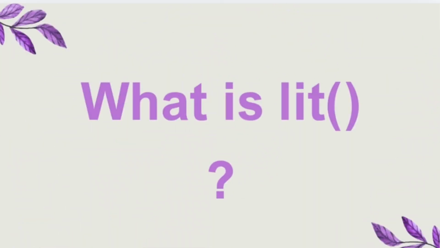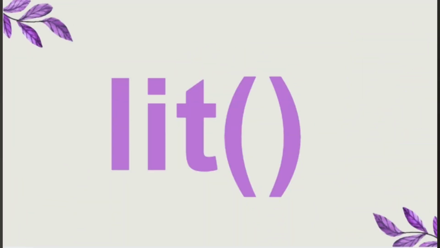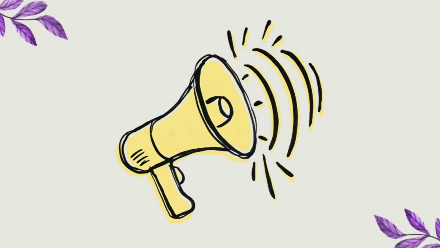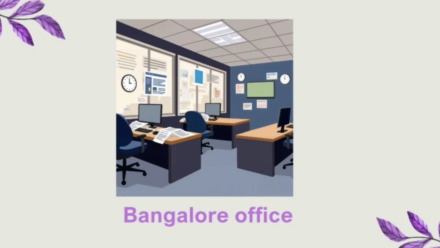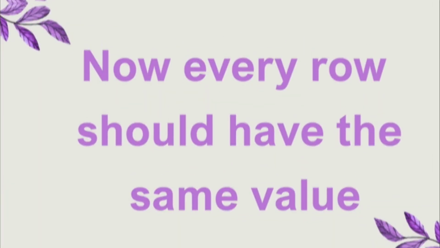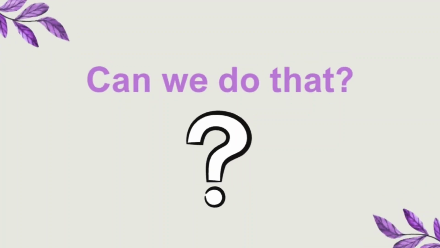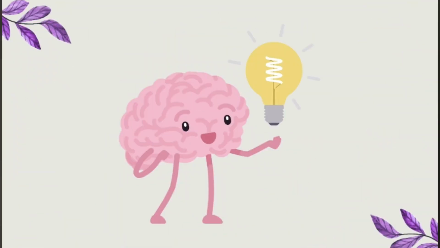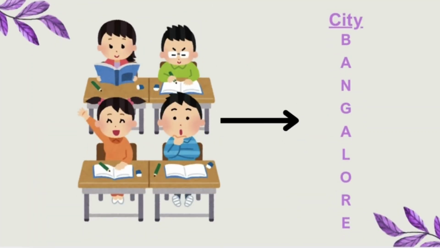The next is lit. Now let's learn another very useful function, lit. Now imagine your manager says, Ram, add one more column. Every employee belongs to the Bangalore office. Now every row should have the same value. Can we do that? The answer is yes. I'll give you a simple analogy. Imagine your school, every student's city is Bangalore.